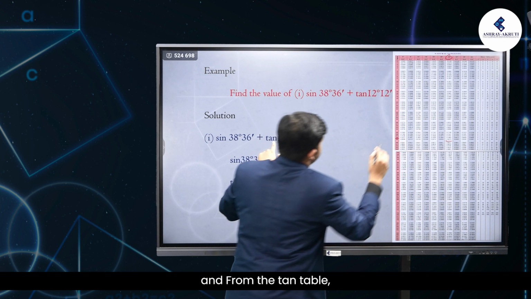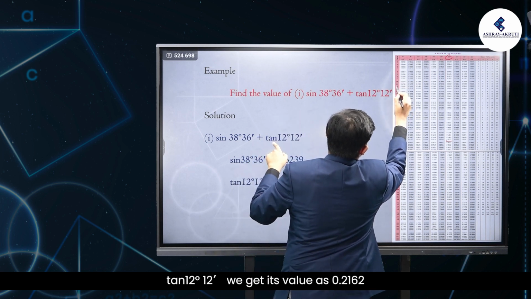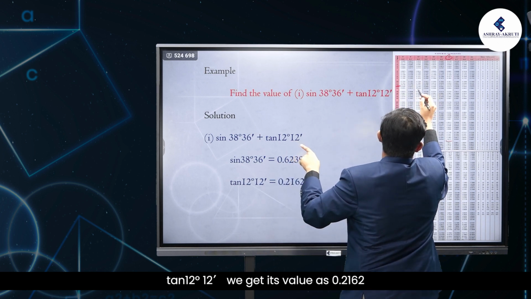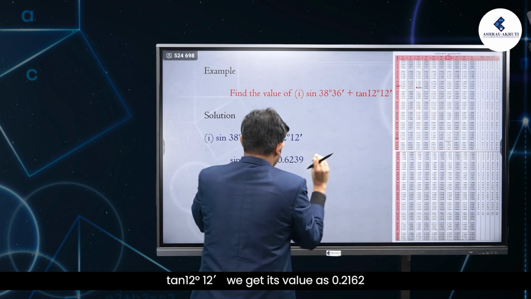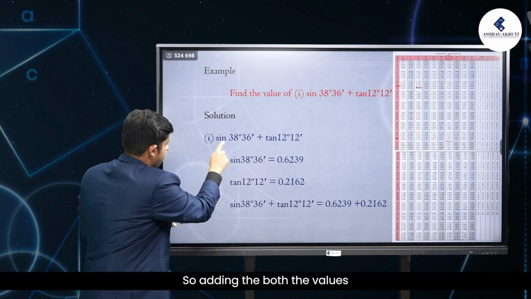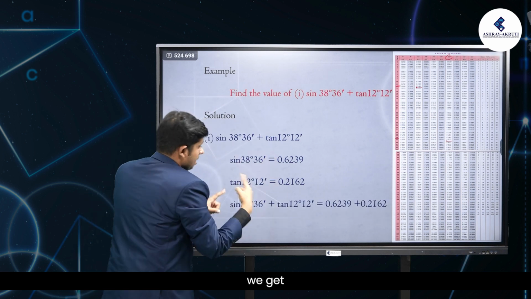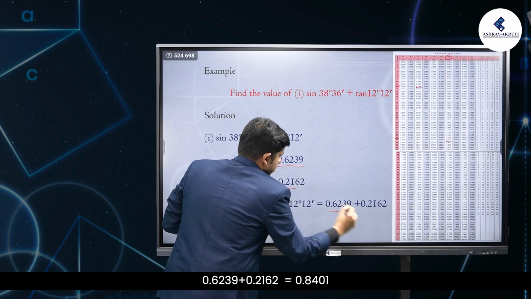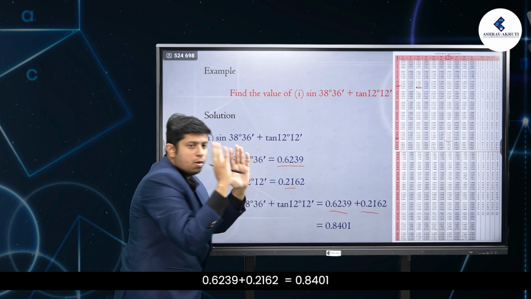And from the tan table, tan 12 degrees 12 minutes, we get its value as 0.2162. So, adding both the values, we get 0.6239 plus 0.2162 is equal to 0.8401.